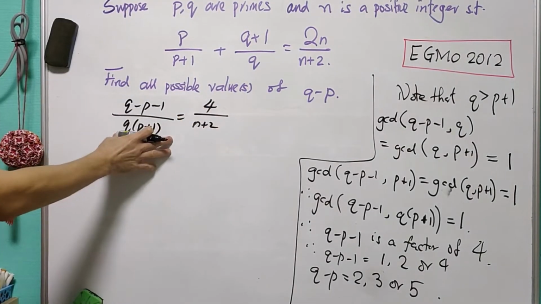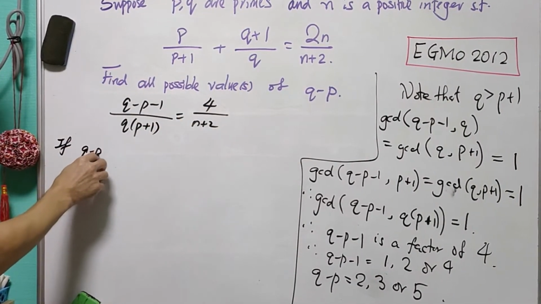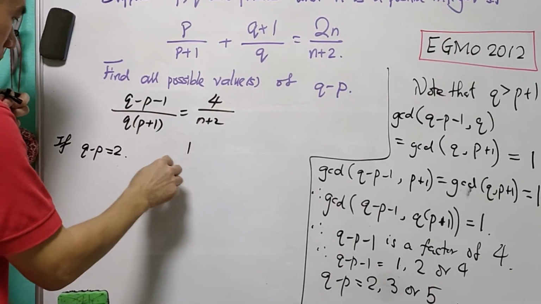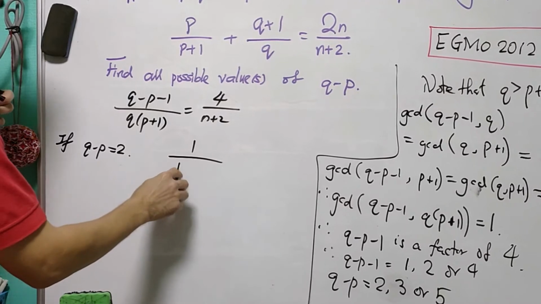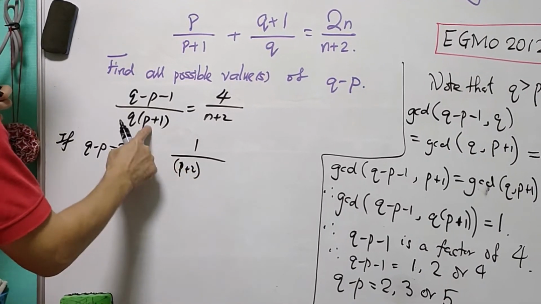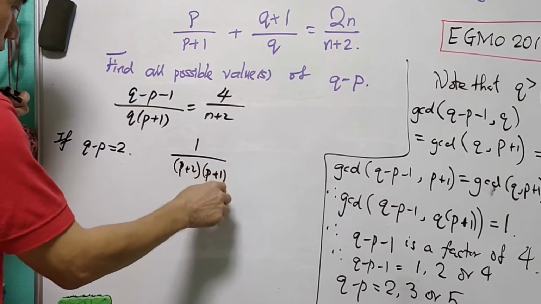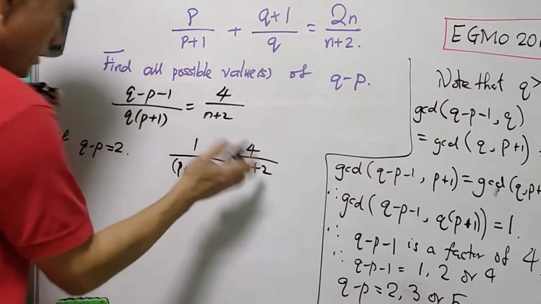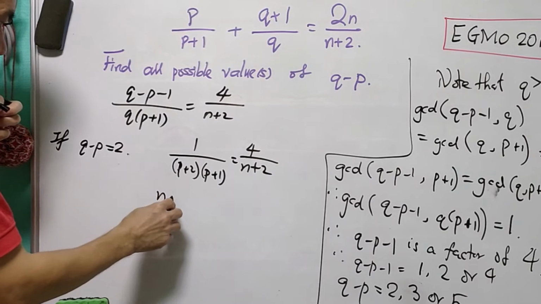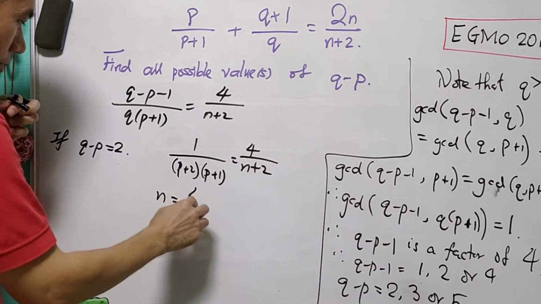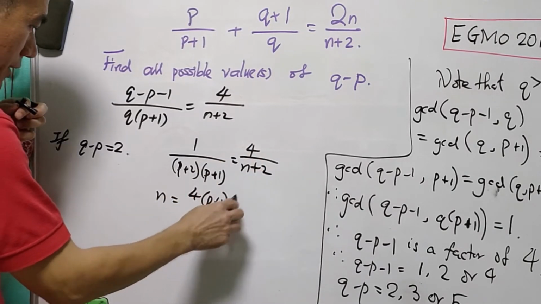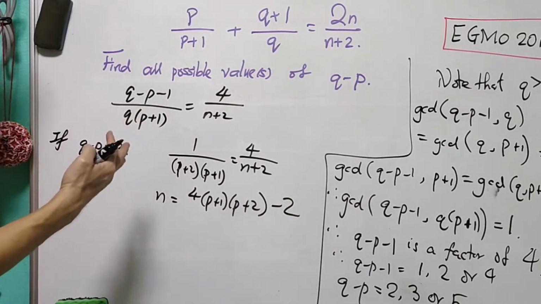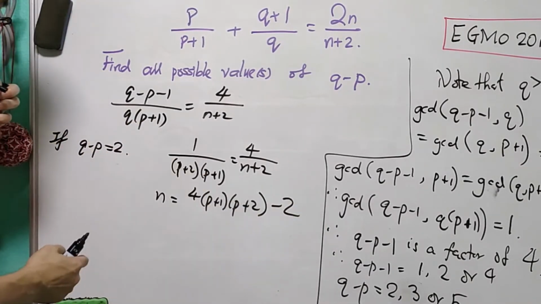From what we have here, if Q minus P equals 2, then Q minus P minus 1 is 1, and Q is equal to P plus 2, and P plus 1 times Q equals 4 over n plus 2. This means that n will equal 4 times P plus 1 times P plus 2, minus 2. So in this case, there are many possible cases.